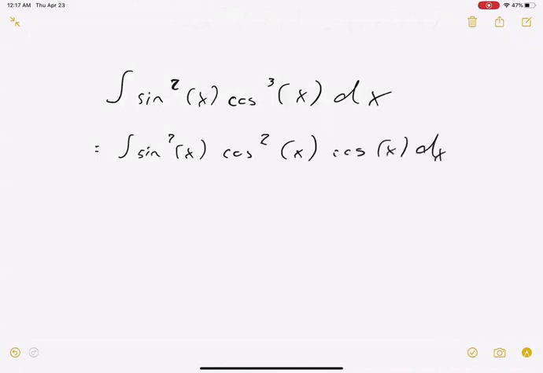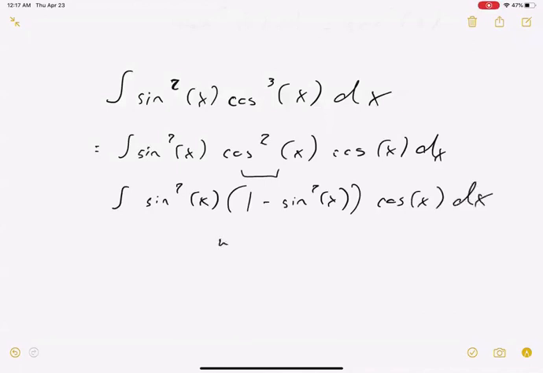I want to write the remaining cosines as sines using my trig identity. And then I want to do a u sub where u is equal to sine. Then du is going to be cosine.